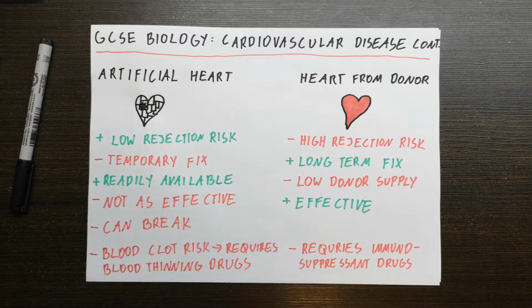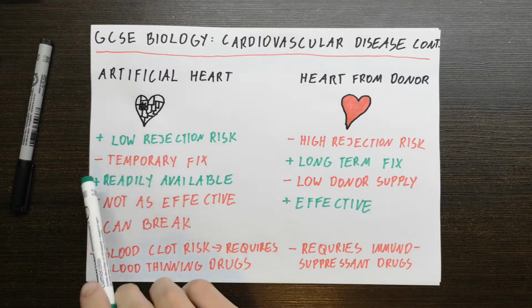As opposed to heart from the donor, where if you're transplanting a heart from somebody else, that's biological tissue that comes from somebody else, and it will have different antigens and will be recognized by our immune system, and there is a risk that such a heart will be rejected, unfortunately.